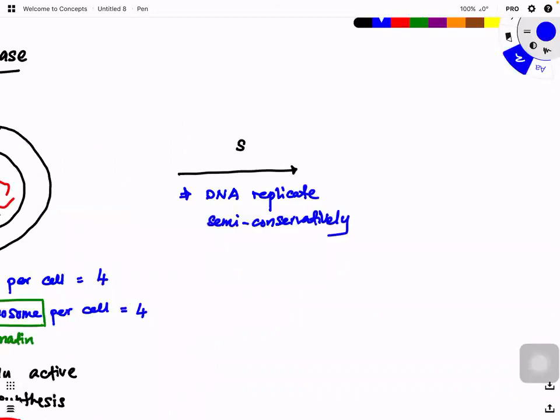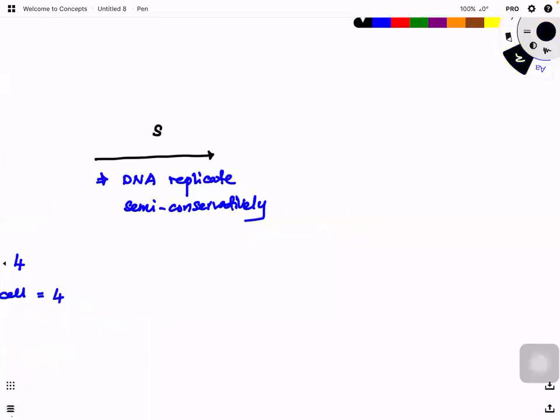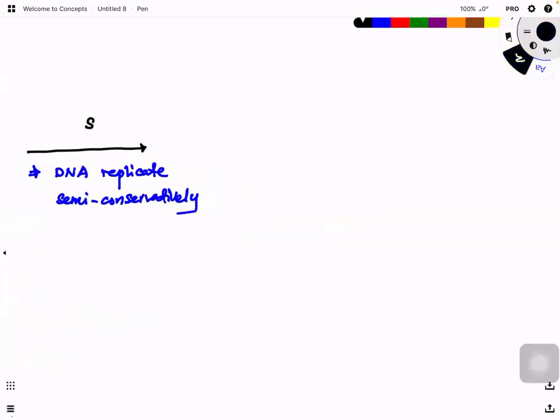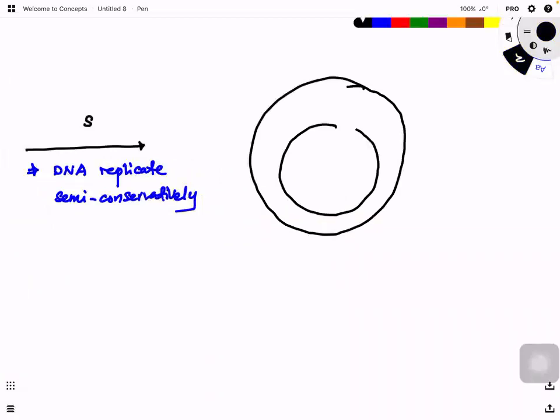So what we are going to have now in the nucleus is that you can see the chromatin replicate. The red chromatin now replicates, the blue chromatin also replicates, the DNA. The centriole still remains at this side.